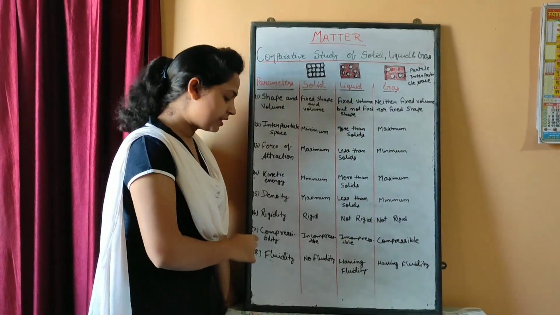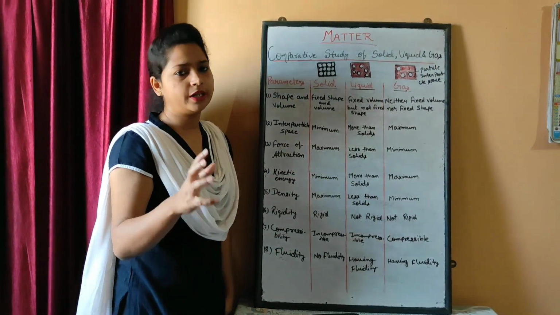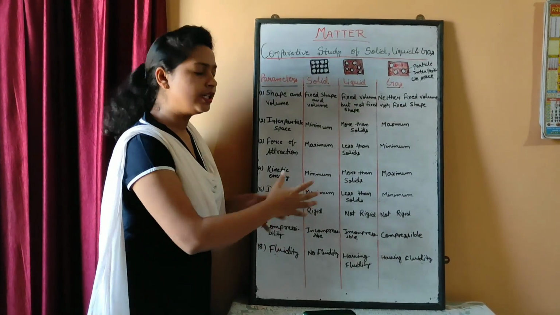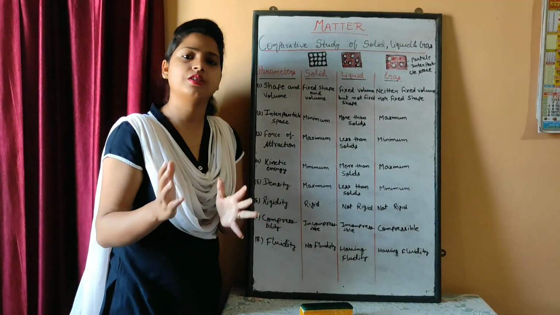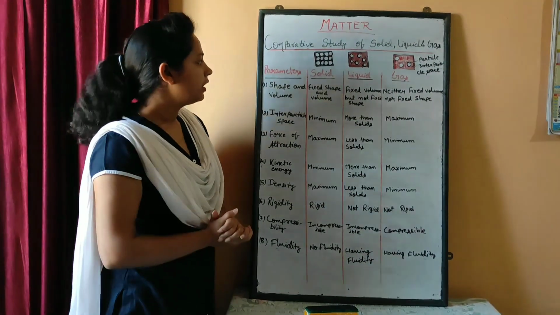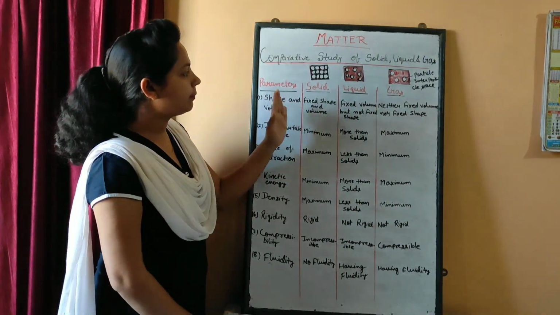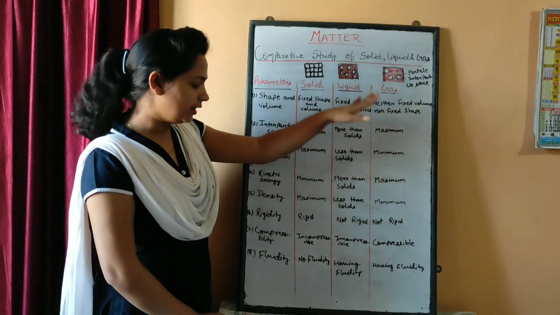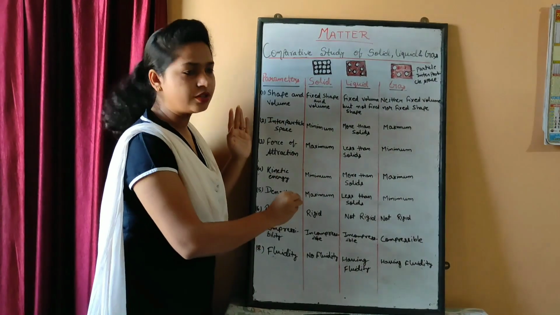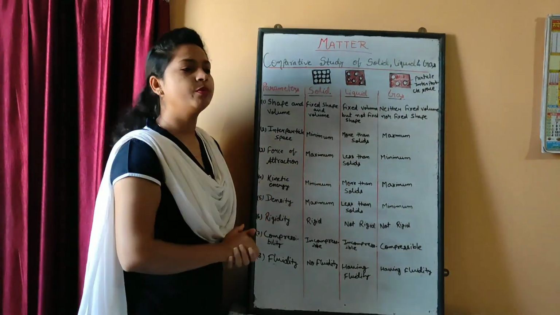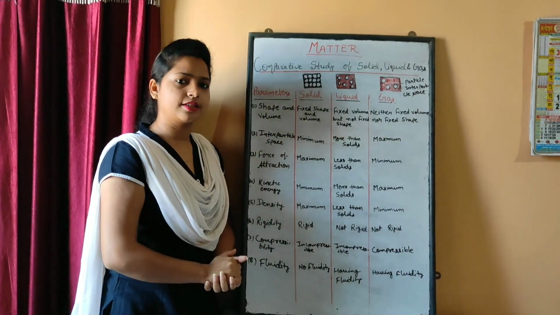Density, rigidity, compressibility and fluidity are somewhat less important, but you should keep in mind these factors are also responsible to categorize the states of matter, right? Now, I suggest you learn all the properties of solid, liquid and gas in this tabular form. You can see this tabular form, you can write it also. This is the best way to memorize the properties of solid, liquid and gas.